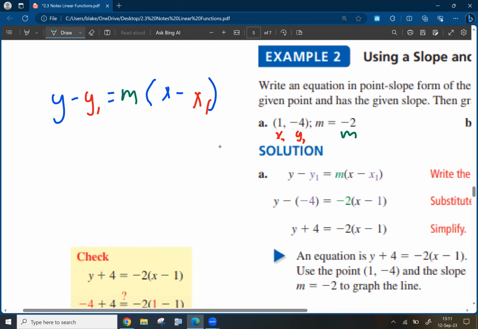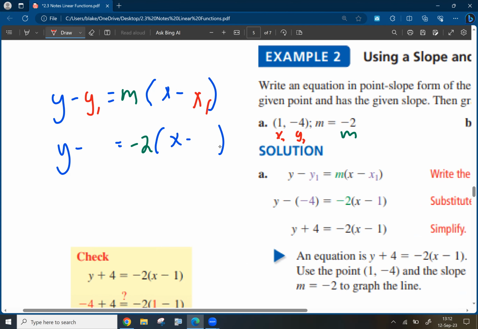So when I put them in, it's my equation, right? Remember y minus y1 equals m times (x minus x1). Let's go ahead and put the m in there first, the -2. So take that out, put -2 in. And then my x1 and my y1.